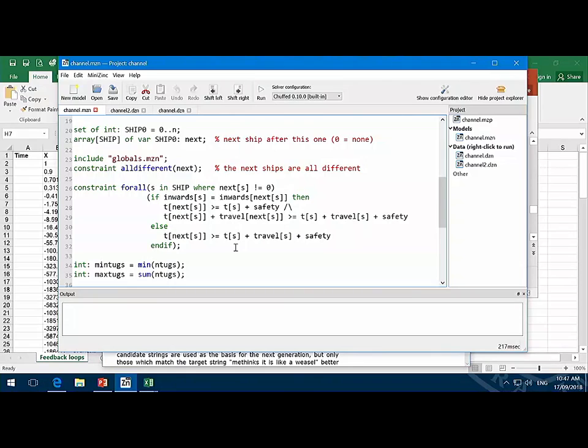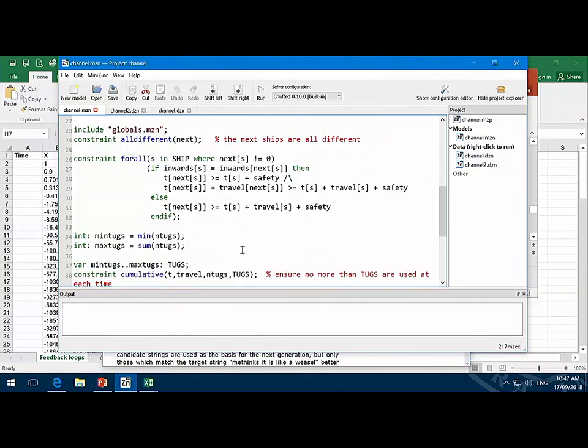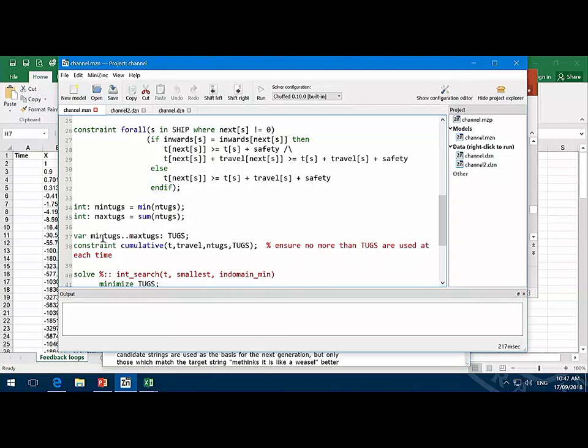So this is modelling how the channel behaves for these two kinds of behaviours. If we're going in the same direction, we can go very close. If we're going in opposite directions, they have to wait until we've completely finished. And then we've got the real decision we're trying to make, which is how many tugs we need. Luckily, we have a complicated global constraint which does exactly this counting.